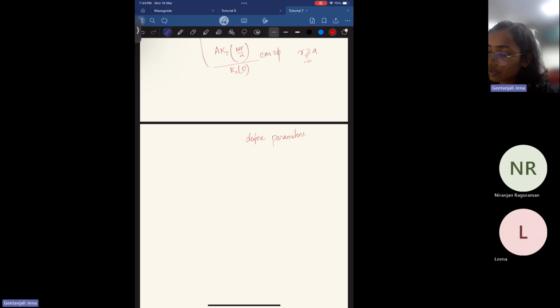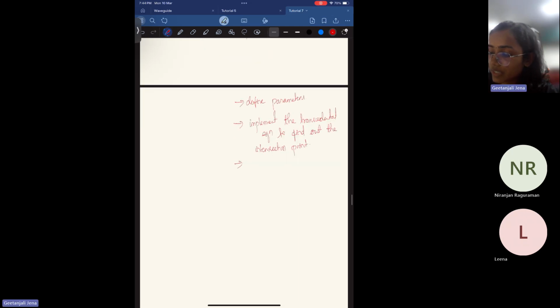Then you need to implement the transcendental equation to find out the intersection point, the point where J and K intersect. Then we just have to print the results.